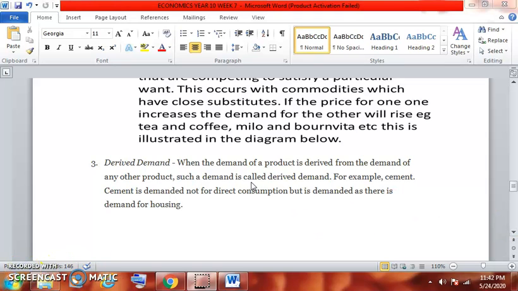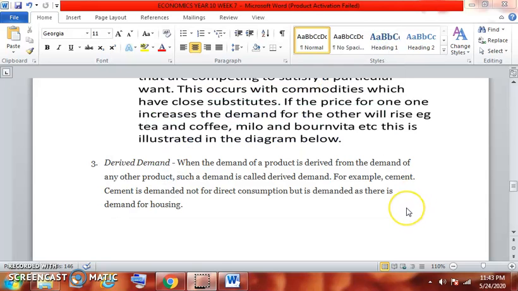Derived demand. This demand refers to products that people demand for what they will be used to achieve. People demand for labor because they want those laborers or employees to carry out certain functions in their organizations.